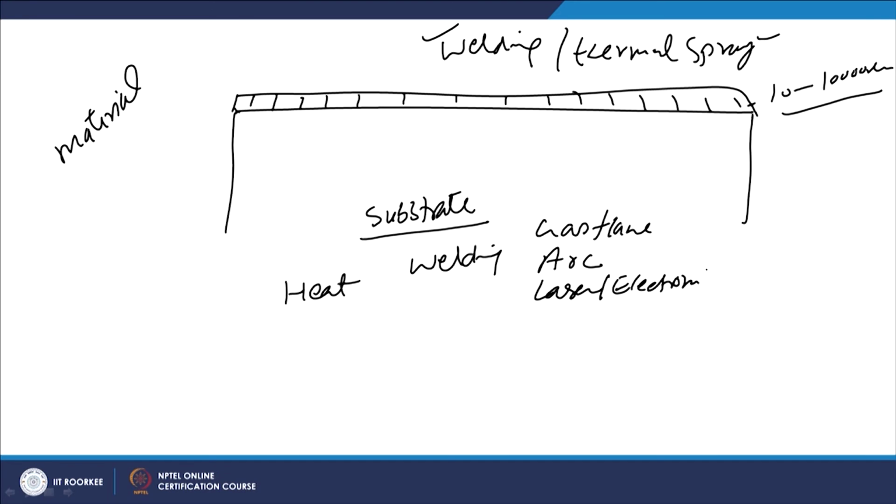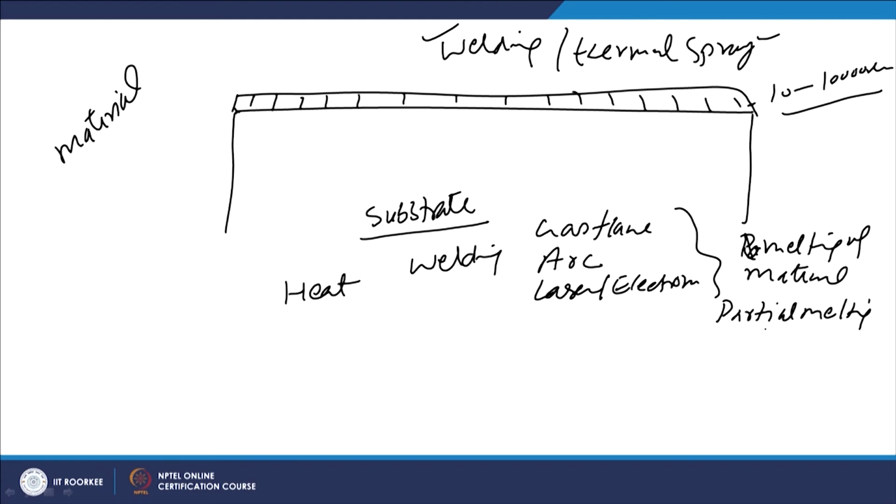In all these cases, the purpose of these heat sources is to melt the material which is to be applied onto the substrate, and at the same time partially melt the substrate. For better understanding, if a surfacing material is to be applied by welding, then the material will be melted.